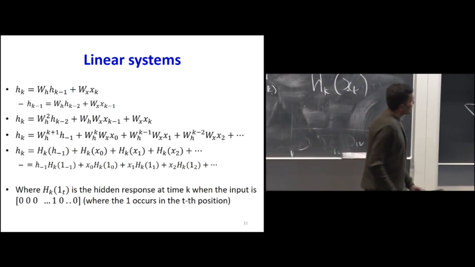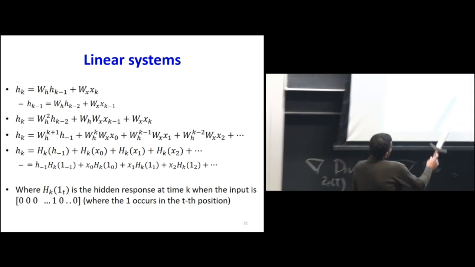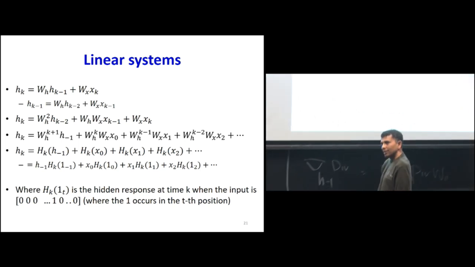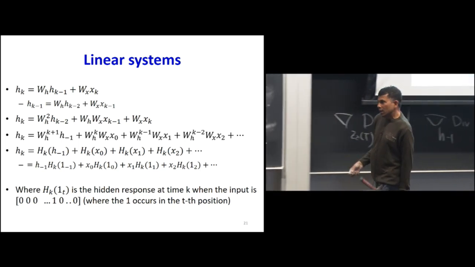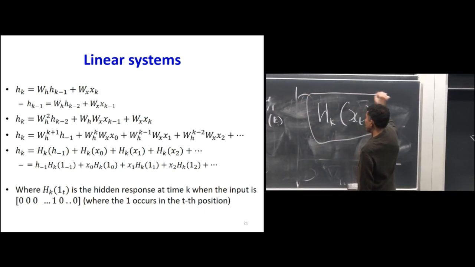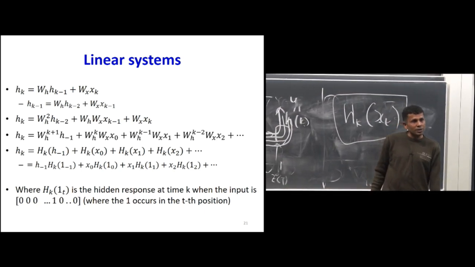And you can actually see that from this equation. Each x is being transformed in some manner, and it's just being added to the output. So if I analyze just this behavior, it tells me everything about how the system is going to respond.